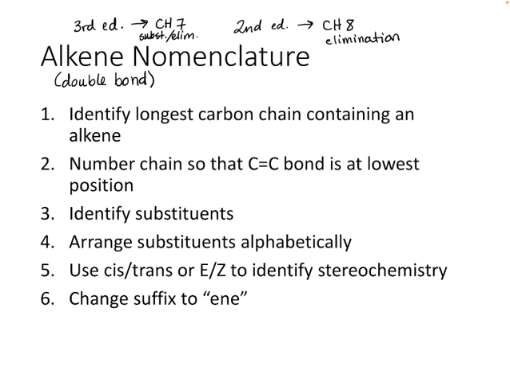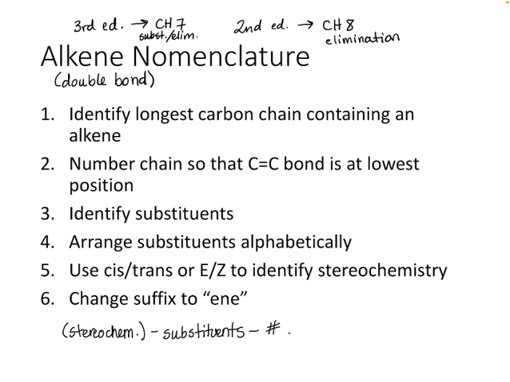So in general, the way this will go is we'll start with any stereochemistry in parentheses, and then we'll list our substituents in alphabetical order. And then we're going to list the numbers or the specific carbons that the double bonds are located at.